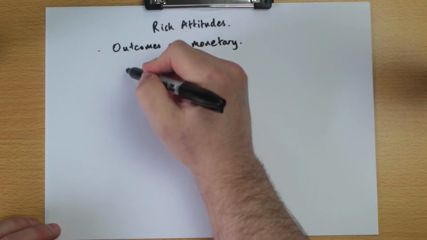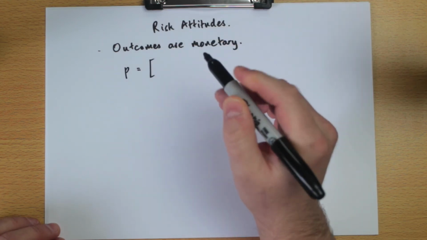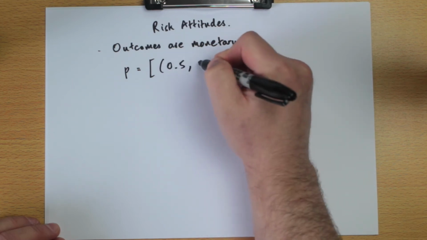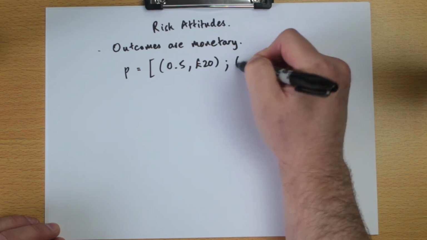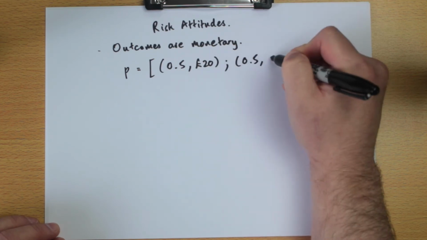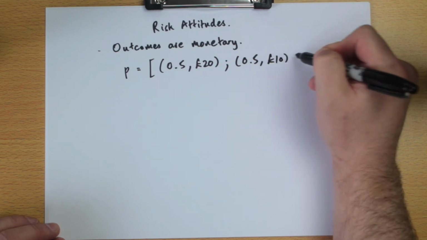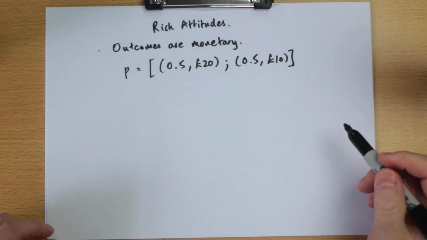For example, a lottery where with probability 0.5, you receive the outcome £20, and with probability 0.5, you receive the monetary outcome £10. So this would be a lottery with monetary outcomes.